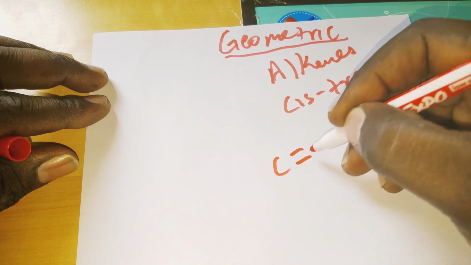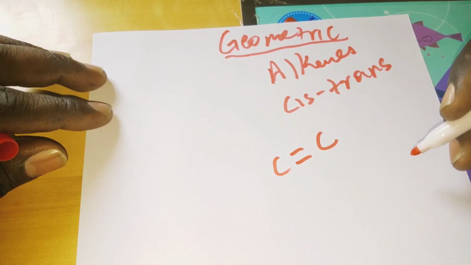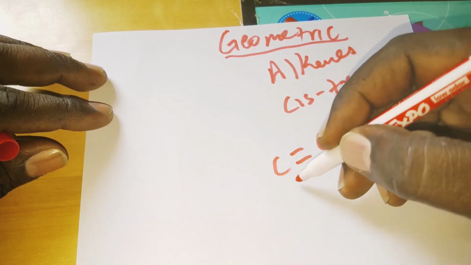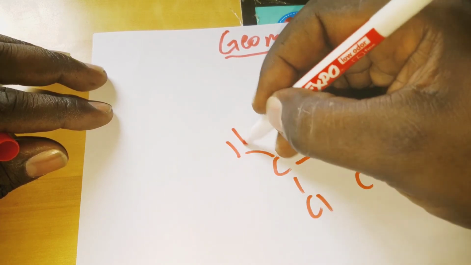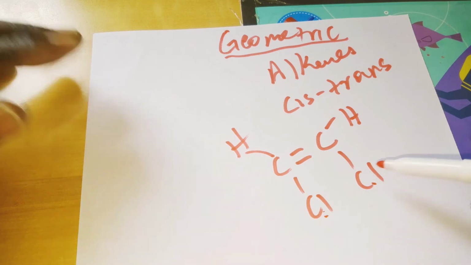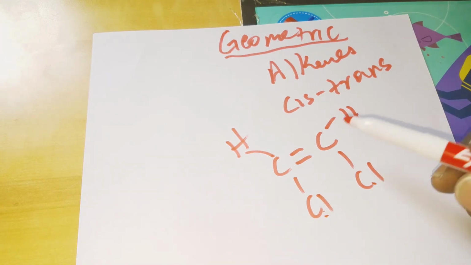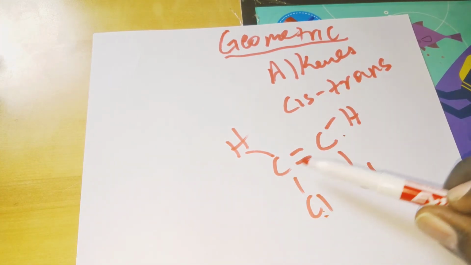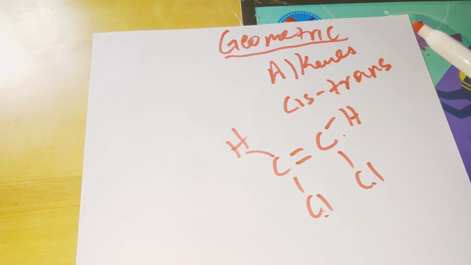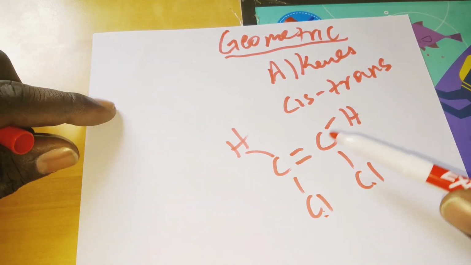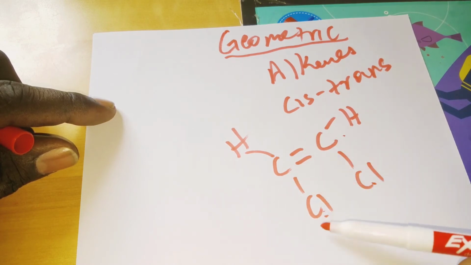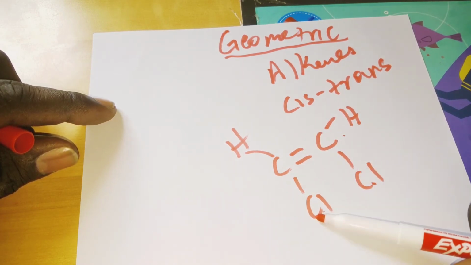Now, if you have two similar groups on adjacent carbons of a double bond, so there you have a carbon-carbon double bond, and you have chlorine here and chlorine there, and let's just put a hydrogen there and a hydrogen there. You have the same groups on adjacent carbons of a double bond. Attached to each carbon is the same group, chlorine, chlorine.